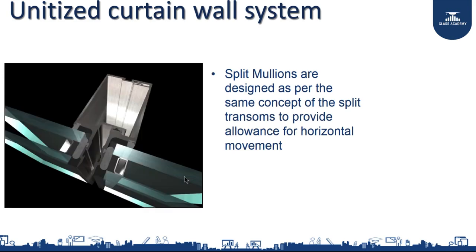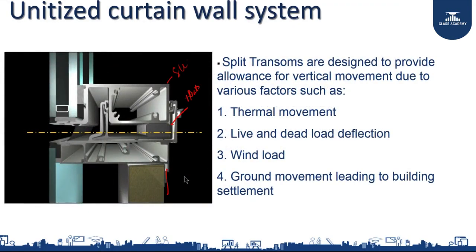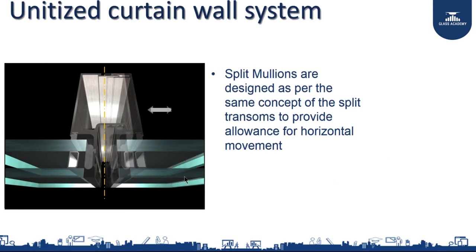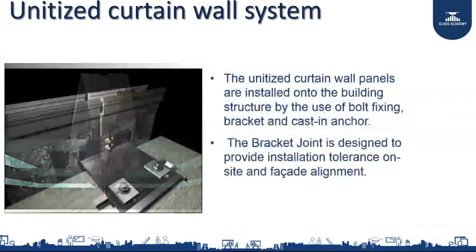A stack joint, what we saw here, goes vertically up and down. When the building moves, or anything happens with seismic and all of the movement, they move up and down. When you look at it horizontally, the mullion also is split. So, they can move and close. So, this is how the system is designed. The mullion is split in a way which allows the system to completely move forward.